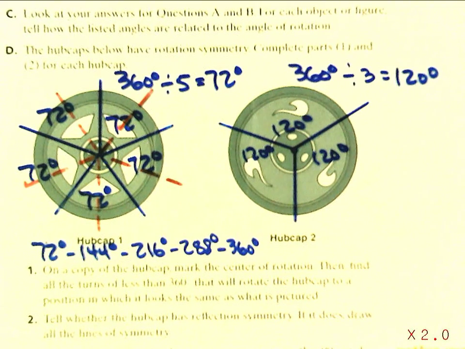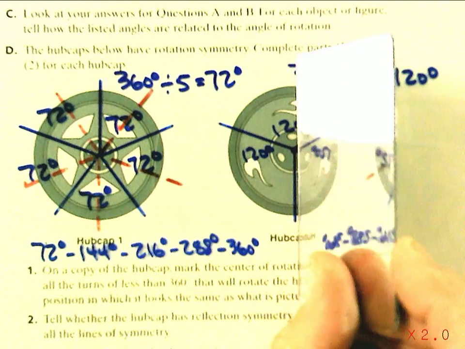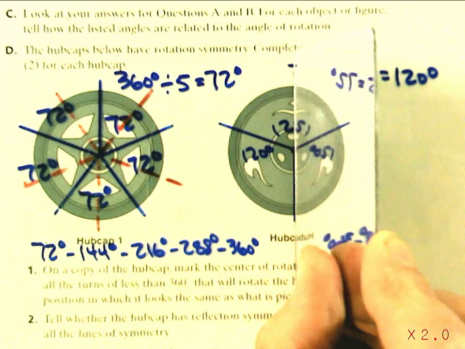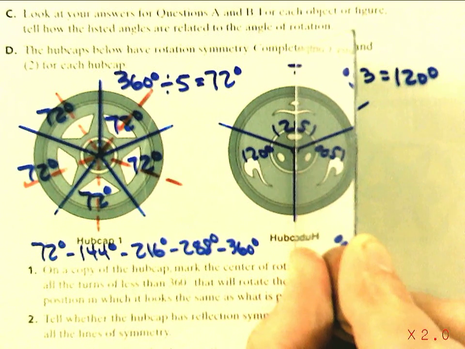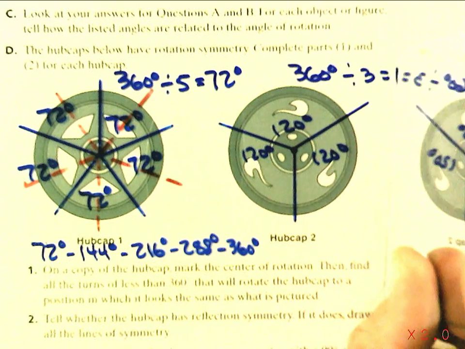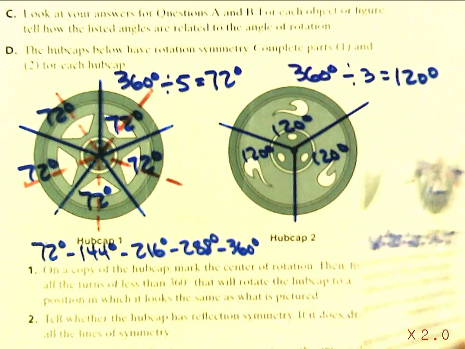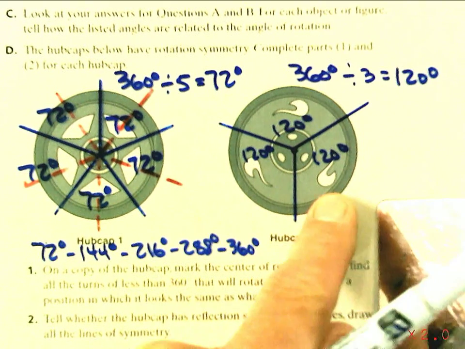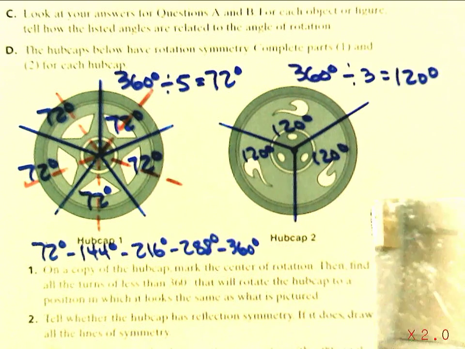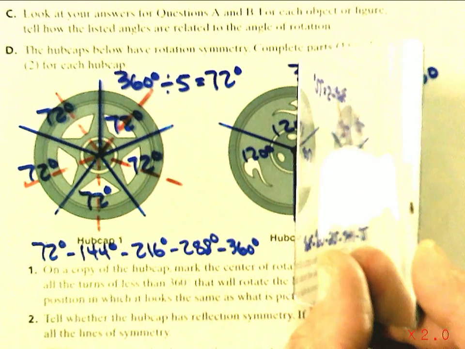Now the question with this one is, does it have reflection symmetry? Can I find a place where I can reflect this image over onto itself? And you can see that, not quite. The image shape here, when I reflect, doesn't reappear.